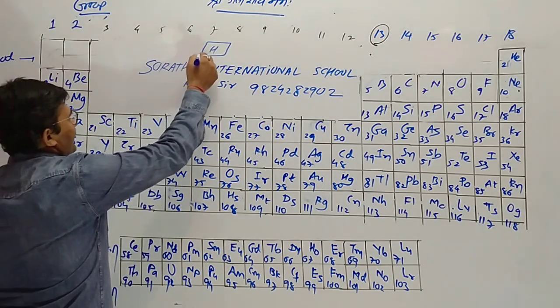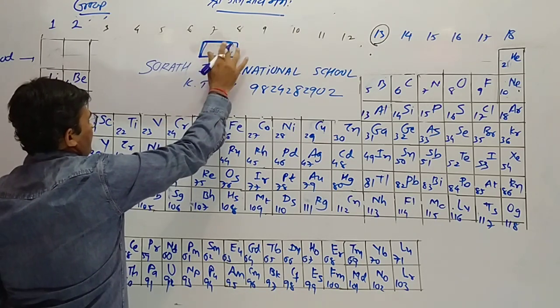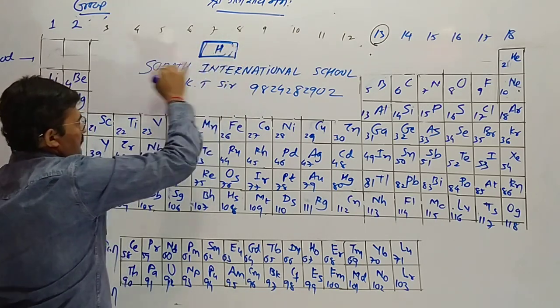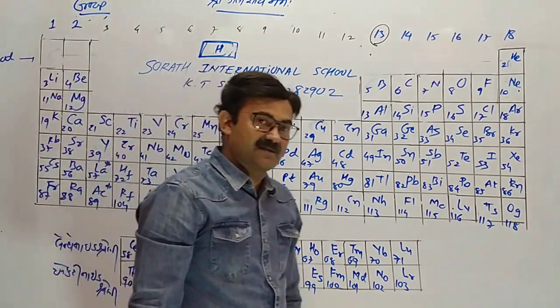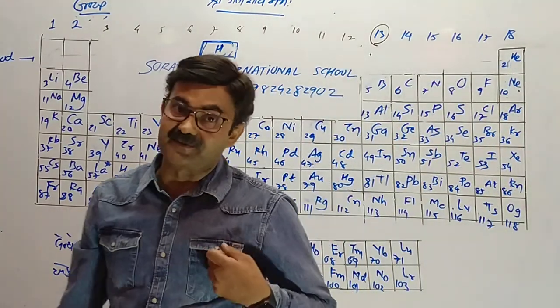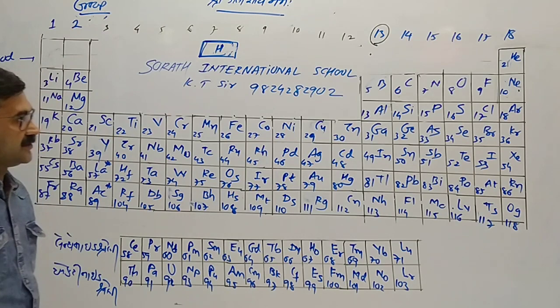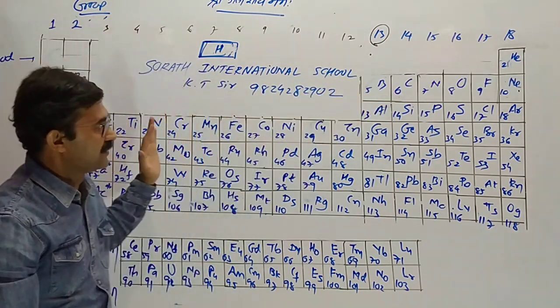Here hydrogen is taken here. Why? Hydrogen is lying down. Actually, the place of hydrogen is not yet decided. Due to its properties, it does not match with any group.